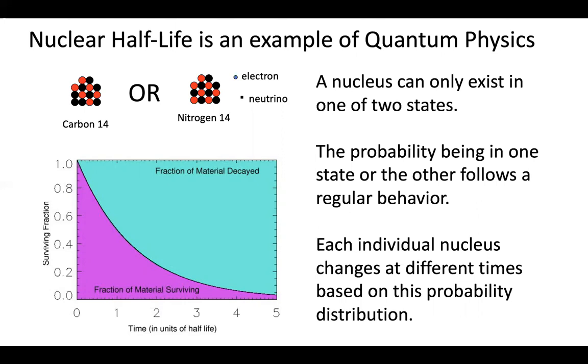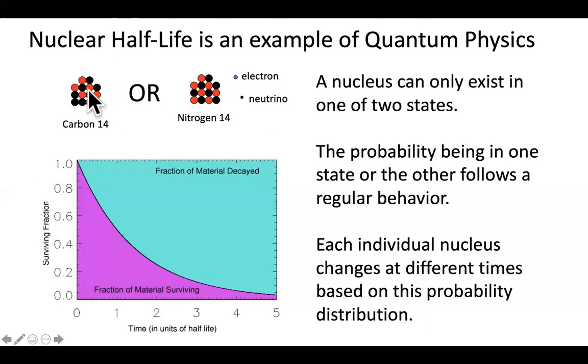And this is one of those ways that quantum mechanics does things that are kind of counterintuitive. In quantum physics, the thing that defines the probability distribution has physical meaning. The equations that govern how things work describe that. So even though you can't predict when a single nucleus will change, a collection of them shows regular behavior.